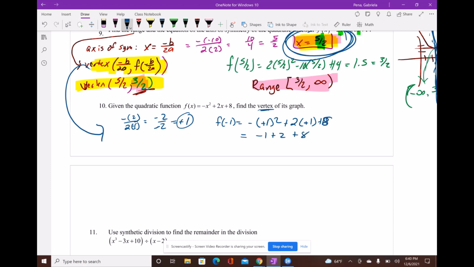So is it f of negative 1 or positive 1? 9? So negative 1 plus 10, which is 9. So my answer is 1, 9. This is your vertex.